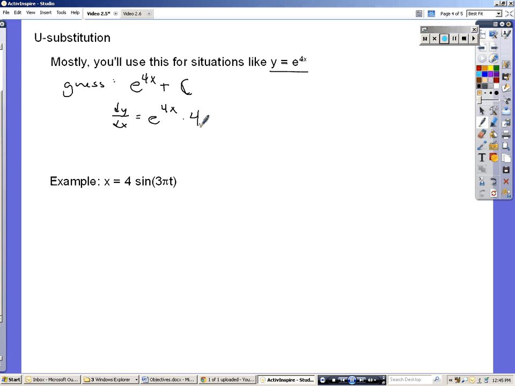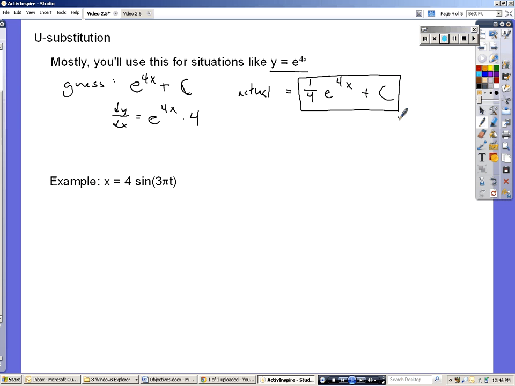And so we're off by a factor of 4, and that means that the actual answer is 1/4 e to the 4x plus c, which turns out to be correct.